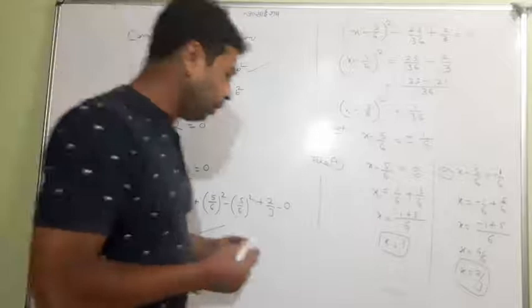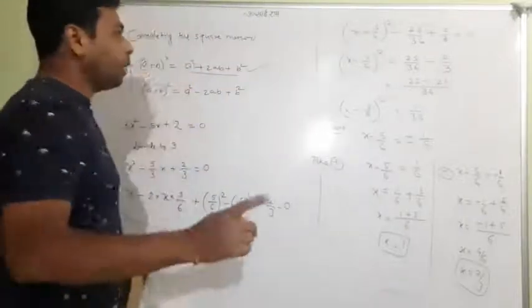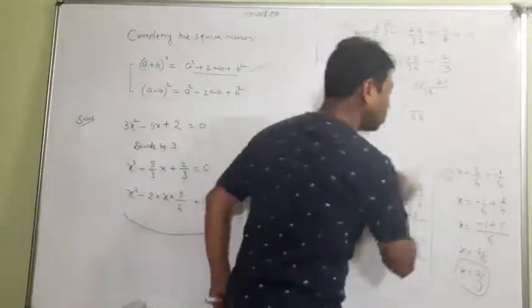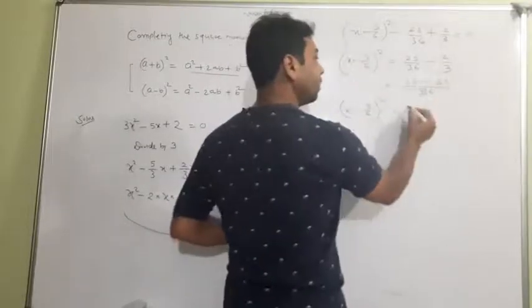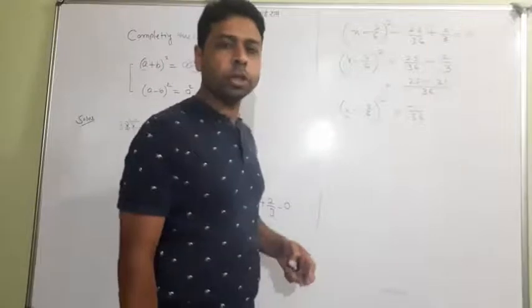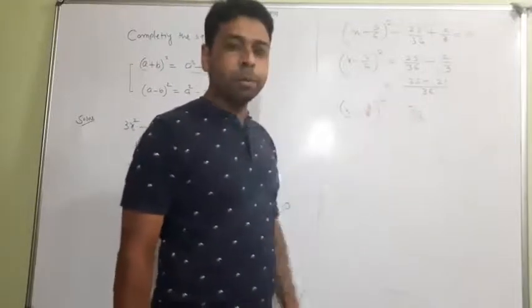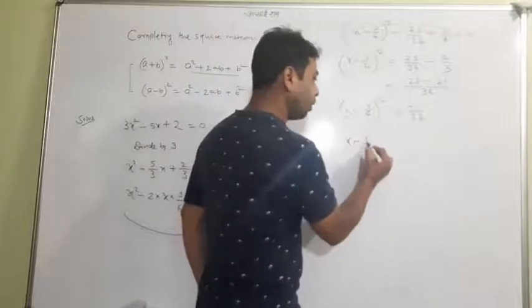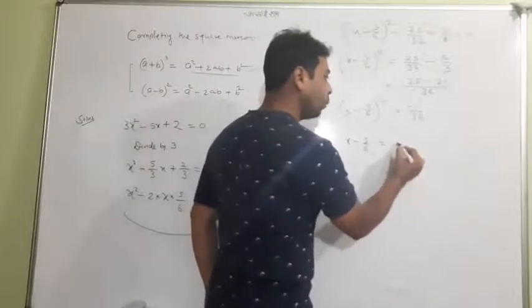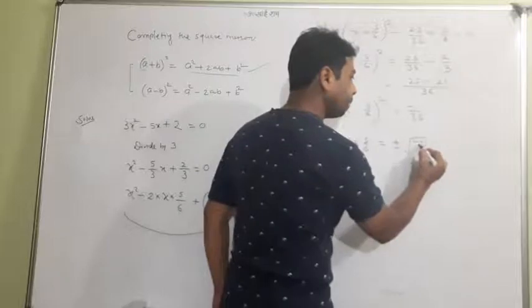Let me tell you one thing that I have already taught you. Suppose instead of that you are getting a minus sign. It may be possible that in questions something like that it may be a minus sign. So whenever it is a minus sign and you take a square root, it will come like that.